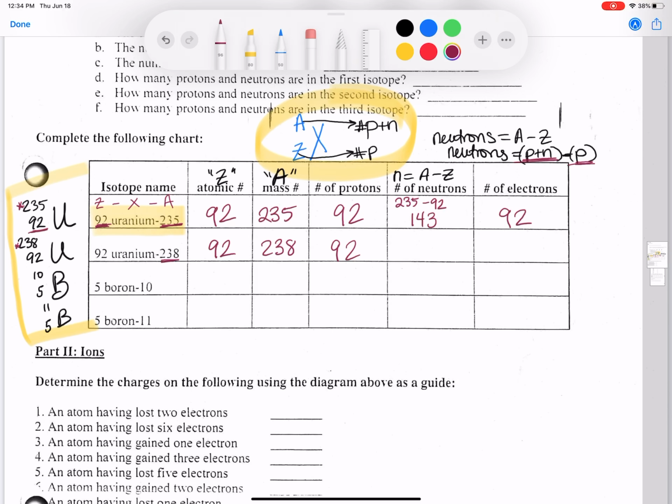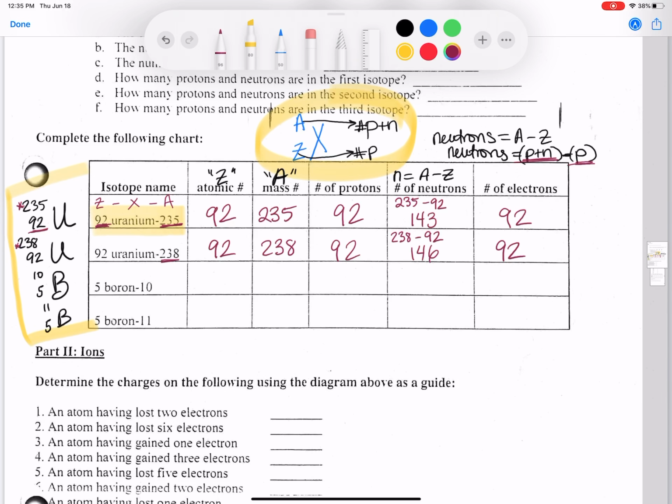My number of electrons is still 92 because this is not an ion. It's just an isotope. The number of protons and electrons are equally balanced. But my number of neutrons is what makes this different. It's what makes it an isotope. And so this time around, my mass number is 238, but my Z number, my atomic number, is still 92. So 238 minus 92, this isotope has 146.